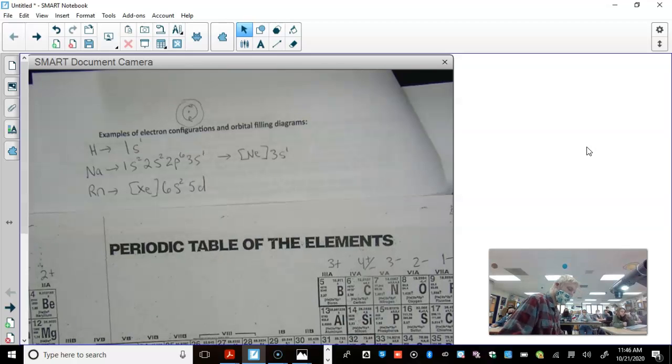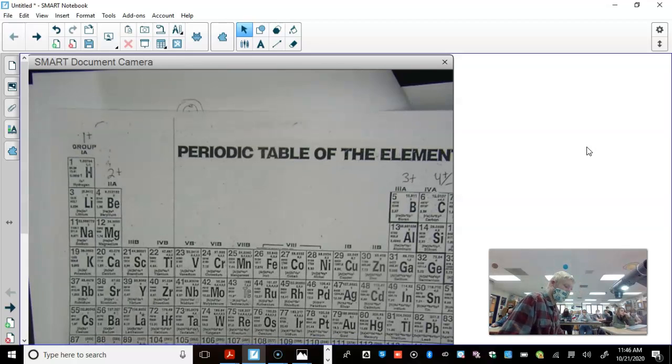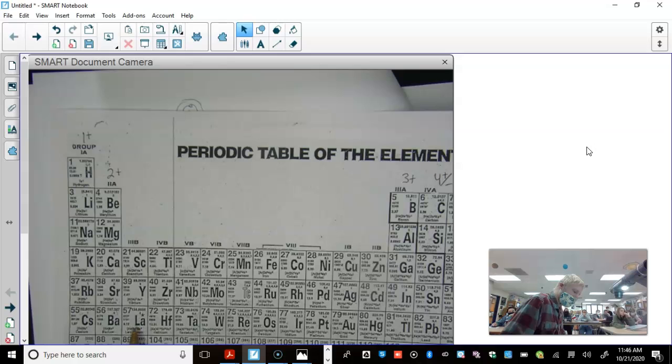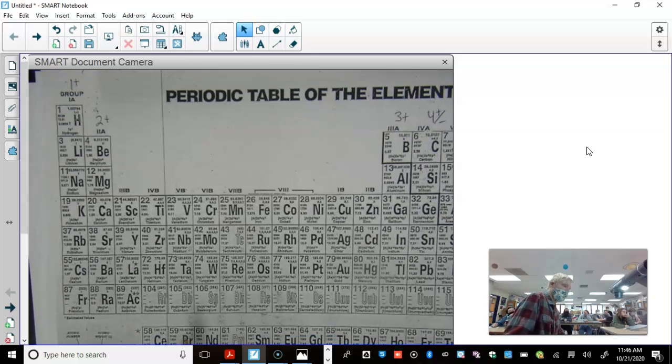All right, so where are we? Right here. 1. Hey, notice how it goes from 57 to 72. That's crazy because 57 scooched down to number 58. This is called the inner transition metals because it's inside the row that has the transition metals.